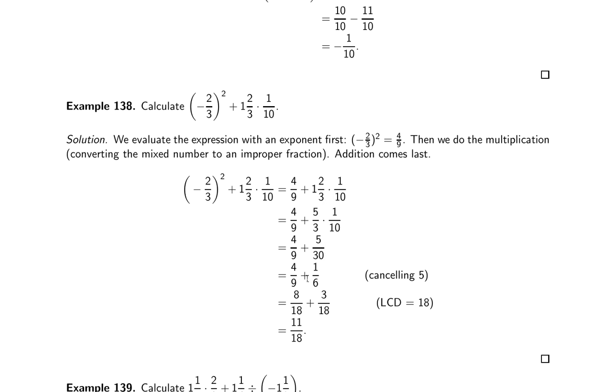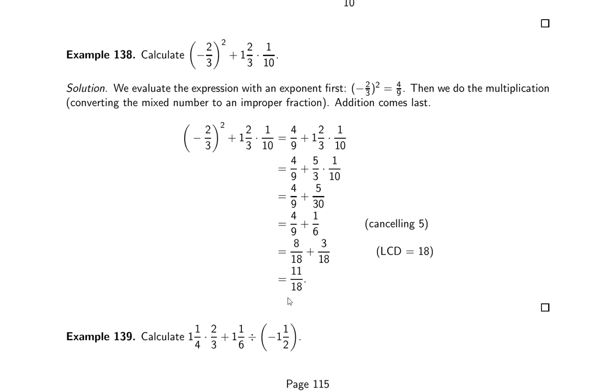And then do the addition. We need to first simplify this 5 over 30, cancel 5s to get 1/6. Then the least common multiple of 9 and 6 is 18. So the LCD is 18. And we get the answer 11 over 18.